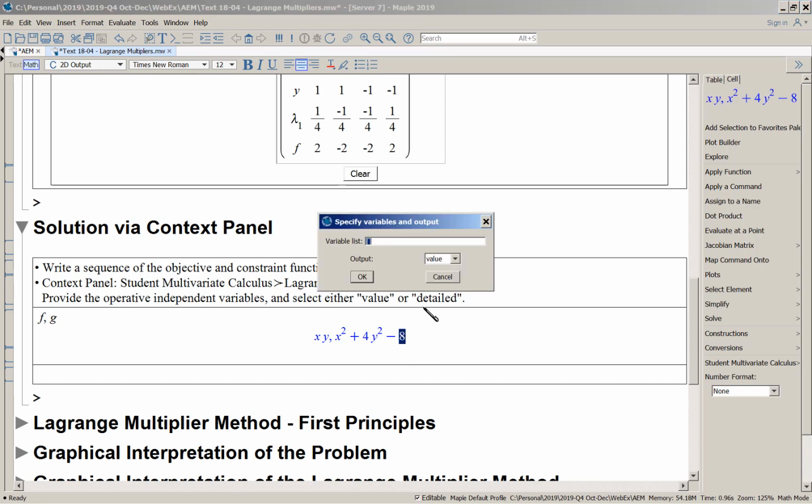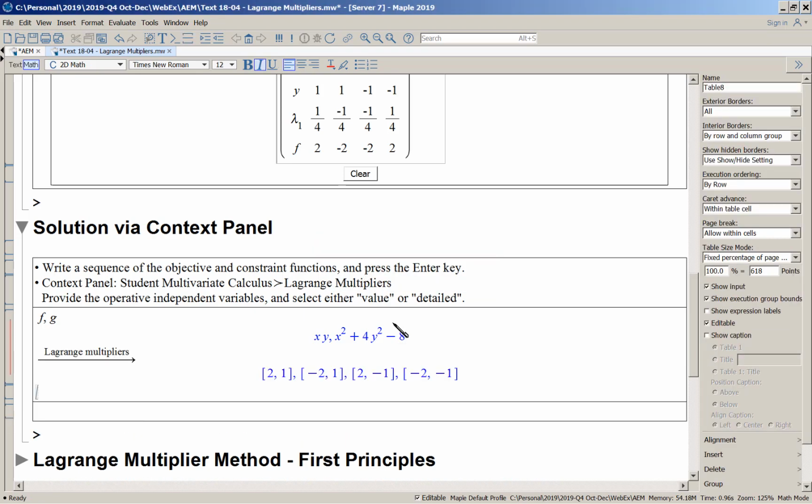That's in the student multivariate calculus package. A dialog comes up, you enter the variables x, y, and the returns can be one of 3 things: value, detailed information, and a graph. I'll let you experiment with the graph. This is what happens if you return the value. You get 4 points.